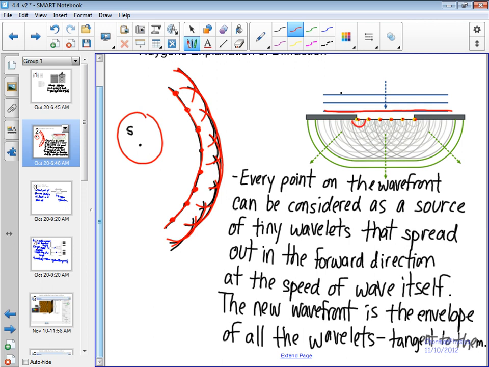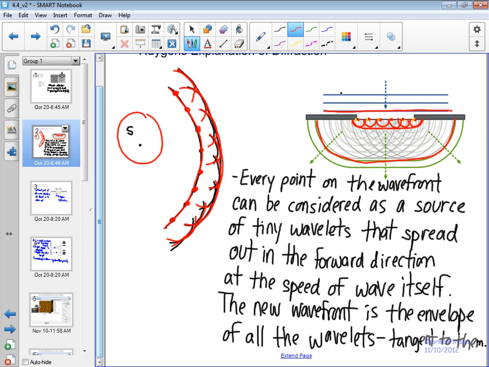Well, if that's the case, each of these little circles is the wavefront for each of those point sources, and if we draw the envelope encompassing all of them, we see that at the edges here we have this bending, what appears to be a curved wavefront. We do that again and again, and as it spreads out, the wave ends up looking something like this.